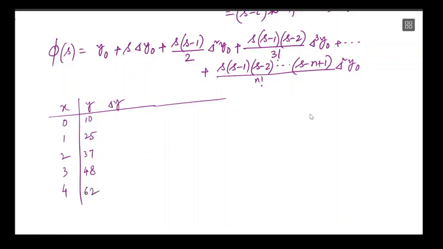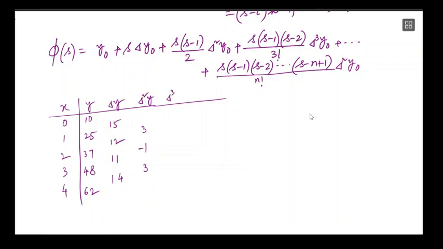Then the first order differences will be 25 minus 10, 15, which we will write in the middle. 37 minus 25, 12, we will write between 2 and 1. It is 11 and it is 14. Next, the second order differences, it will be 3 minus 1, 3.